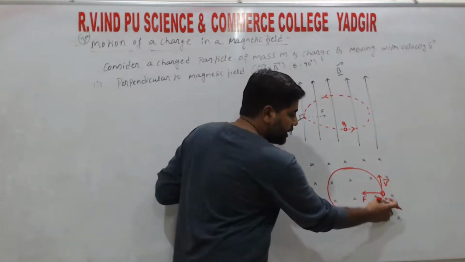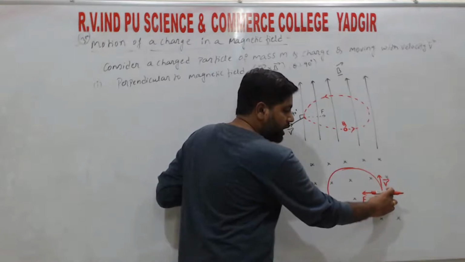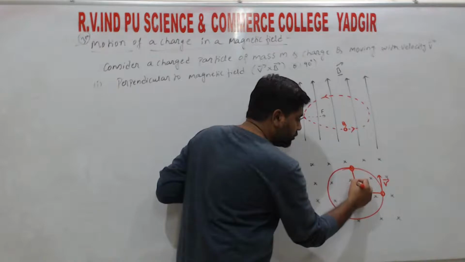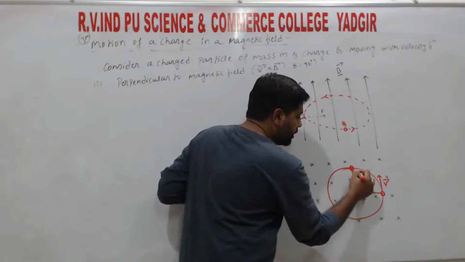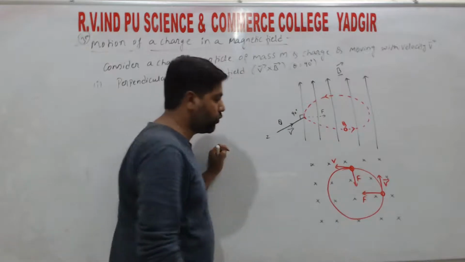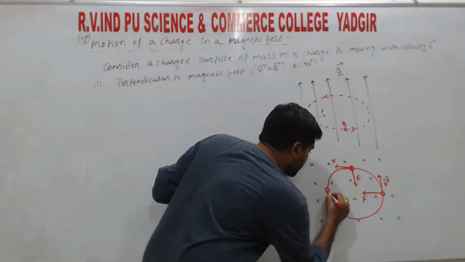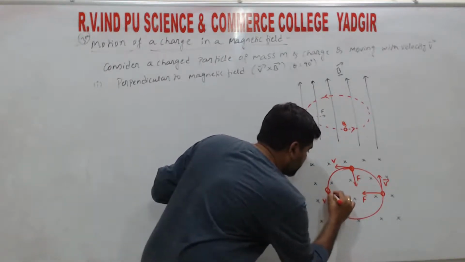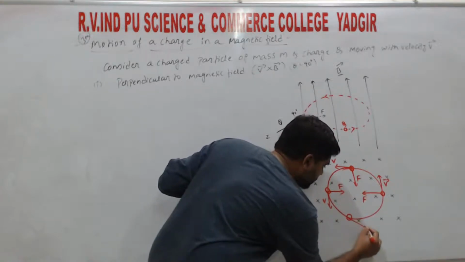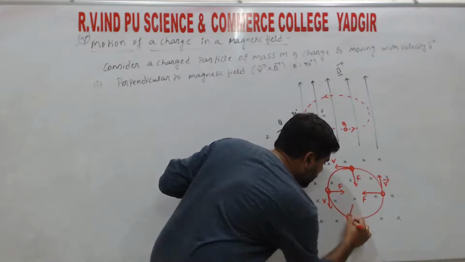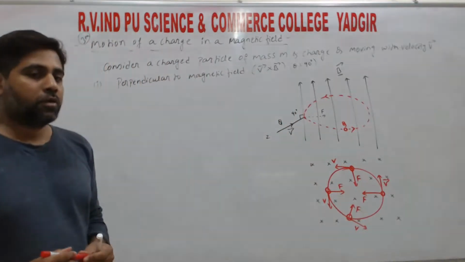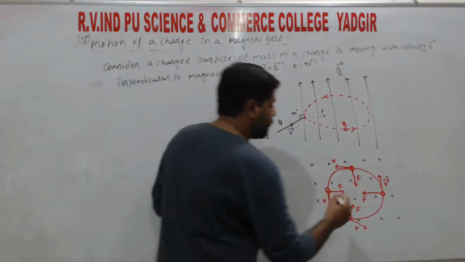If the charge is here, the force is acting in this direction and the velocity is perpendicular to the force. At any place, the velocity v and force F are perpendicular, right?